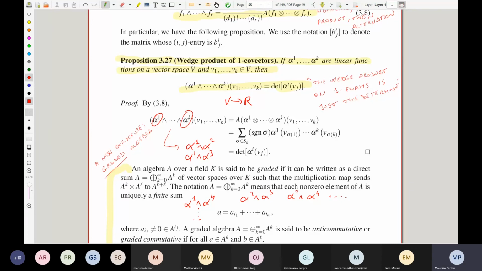Just to give you a mnemonic, these are the famous dx, dy, dz. This alpha 1, alpha 2, alpha 3 corresponds to the differentials, these things that you use in derivatives and in the integral sign, and nobody gave you a meaning to this.